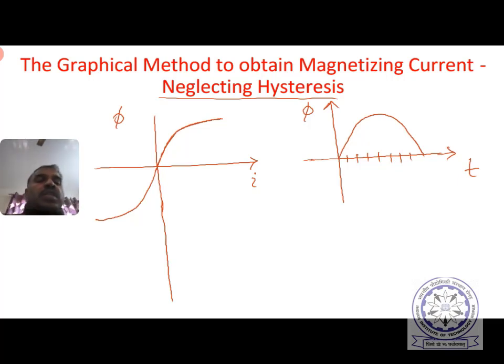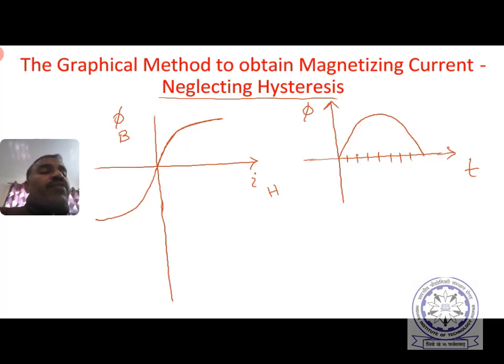Now this is the nonlinear relationship given here between phi and I. This is the BH characteristic, of course. Phi is related to B, I is related to H. Simply some constant multiplication will give you B, and another constant multiplication will give you H from I. Therefore, this is the I and phi relationship.